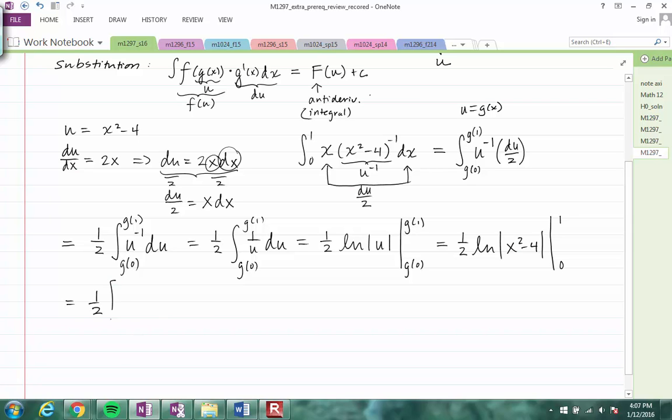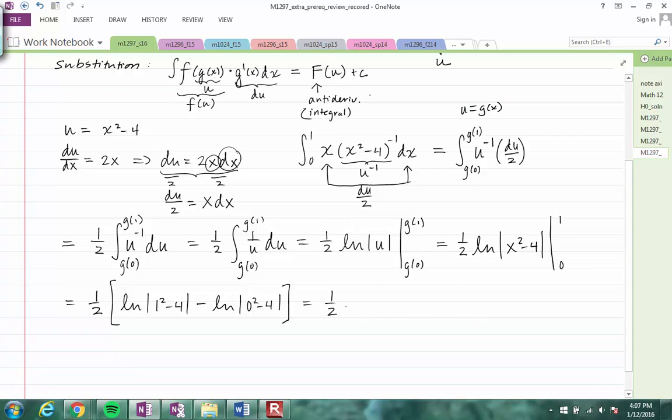Okay, so I'm going to leave the 1/2 out, and then I have ln of the absolute value of 1 squared minus 4 minus ln absolute value of 0 squared minus 4. This is Fundamental Theorem of Calculus Part 2. Tells me to do that.